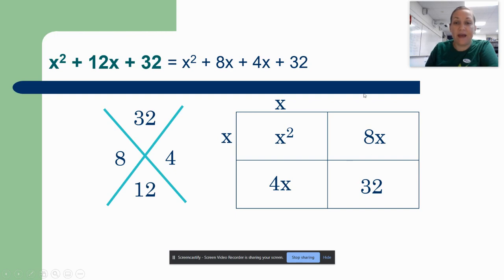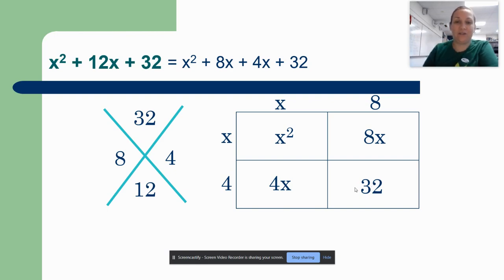Then I'm going to say x times something makes an 8x, and that's x times 8 makes 8x. Moving down to the second row, something times x makes 4x, and that something is a 4. And then we double check just to make sure we did everything correctly. And 4 times 8 is 32. So we did a good job.